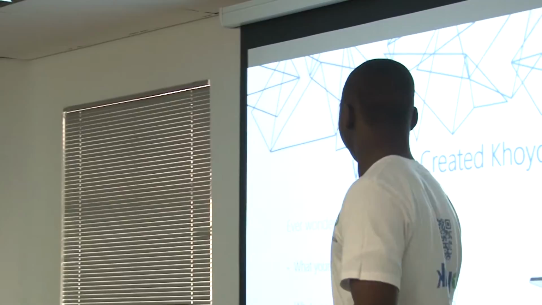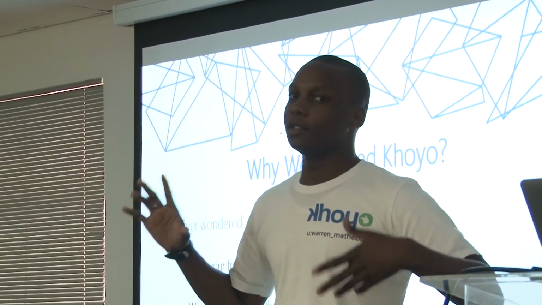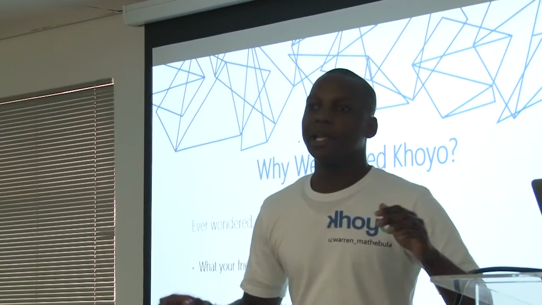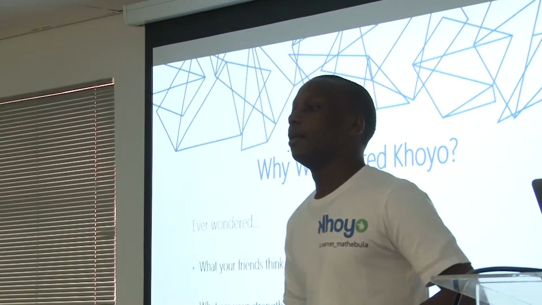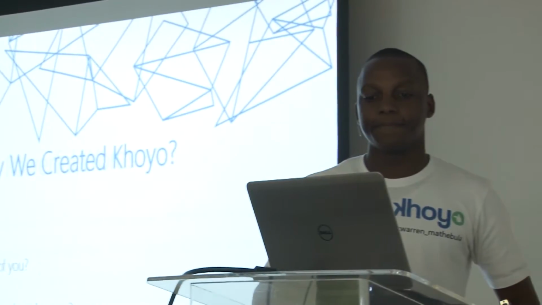We do know our strengths, but when it comes to weaknesses, we have a challenge. So the goal for Khoyo was to create something we call QPSs, quantifiable perception statistics, regarding anything: what people think of you, what people think of a specific brand or product. That's why we wanted to develop the product.